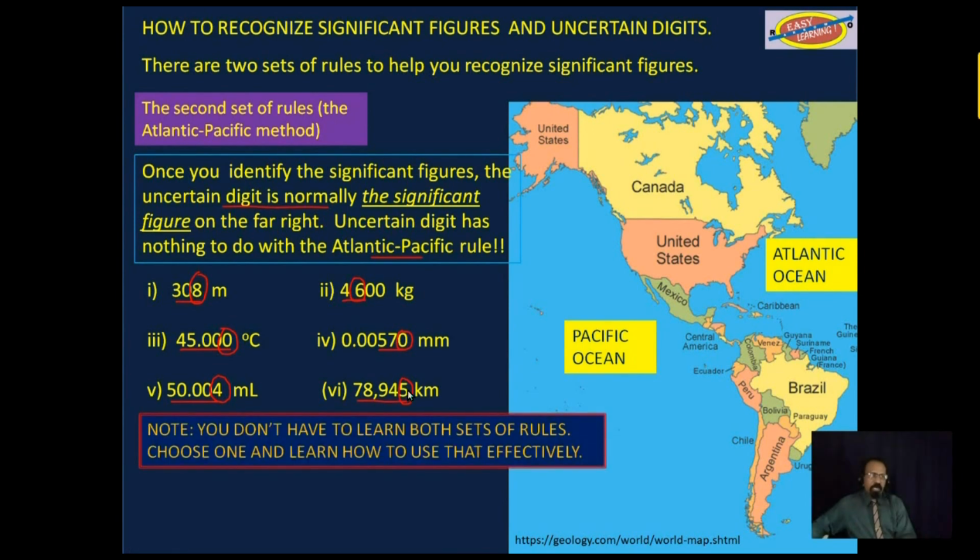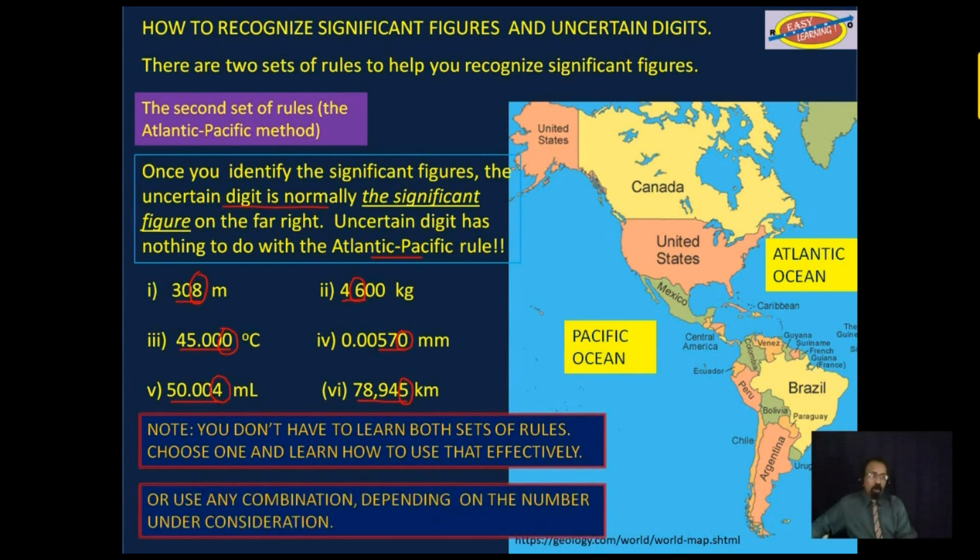Well, I don't need to tell you that you don't need to learn both sets of rules. Choose whichever one you are most comfortable with, or you could use a combination depending on the number under consideration. For example, this number here, I don't need to go to Atlantic Pacific. This number here, I don't need to go to Atlantic Pacific. The first one, 308 meter.